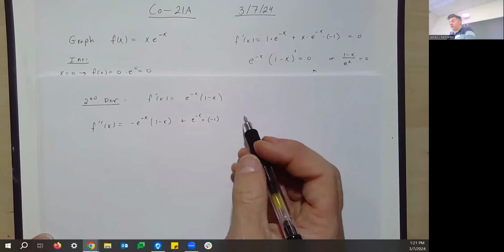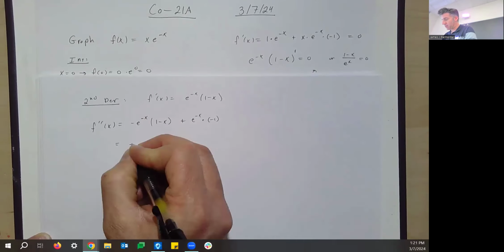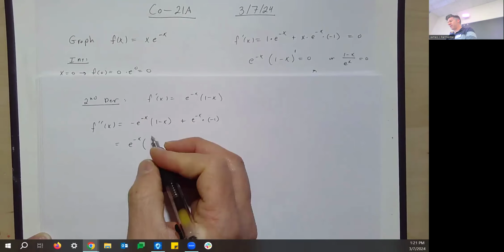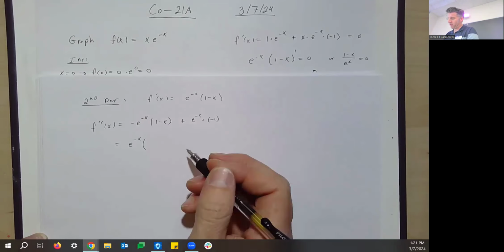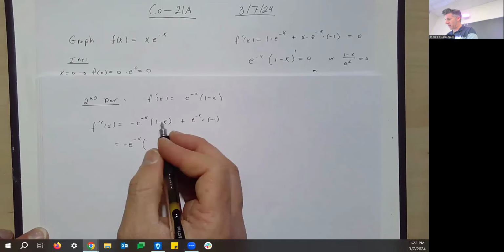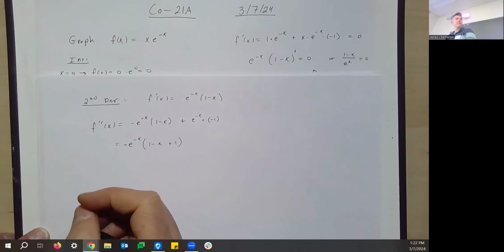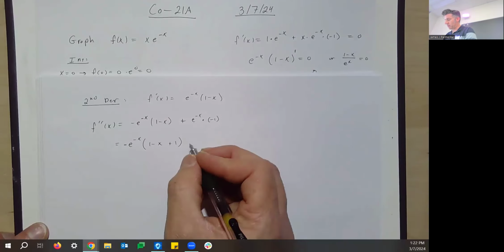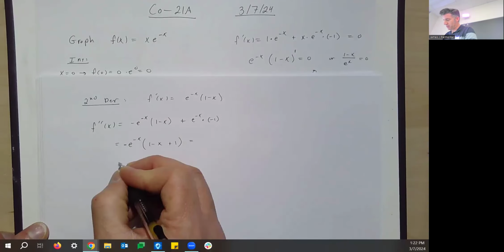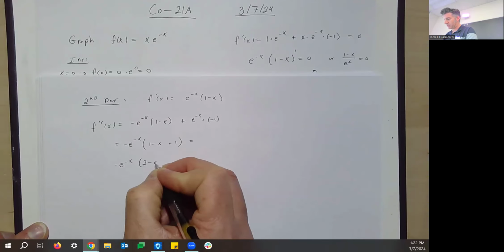I'm again going to factor out what I can. So I'm going to factor out an e to the negative x. I'm left with, maybe I should factor out the negative e to the negative x. Sure, why not? Let's factor out a negative e to the negative x. So here I'm left with a 1 minus x. Here I'm left with a plus 1. And so then I'm going to end up with negative e to the negative x times 2 minus x.